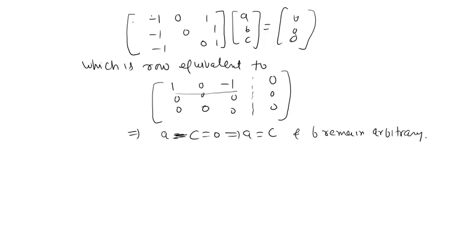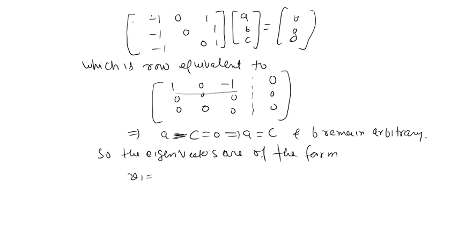So that is a good sign. So you can get two eigenvectors. The eigenvectors are of the form: first you take v1, so you can take A equal to C, both 1, and take B equal to 0.